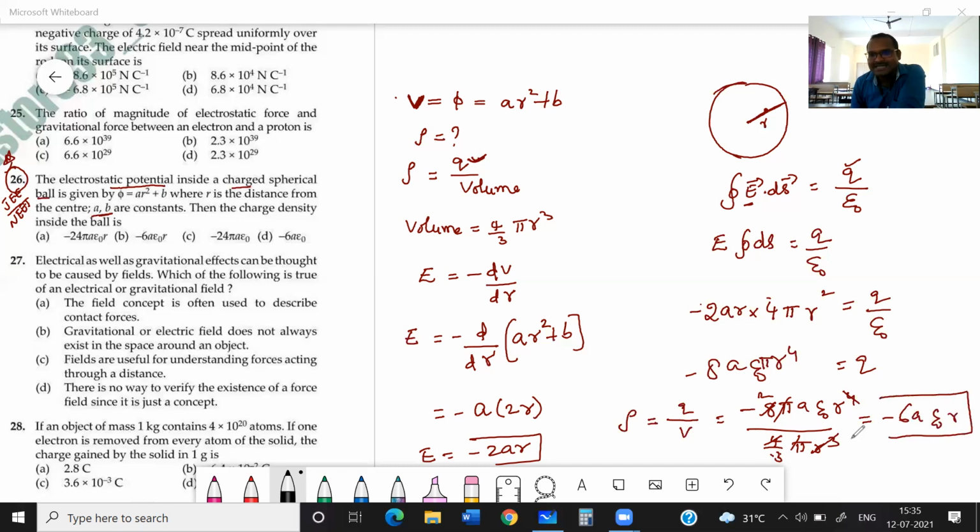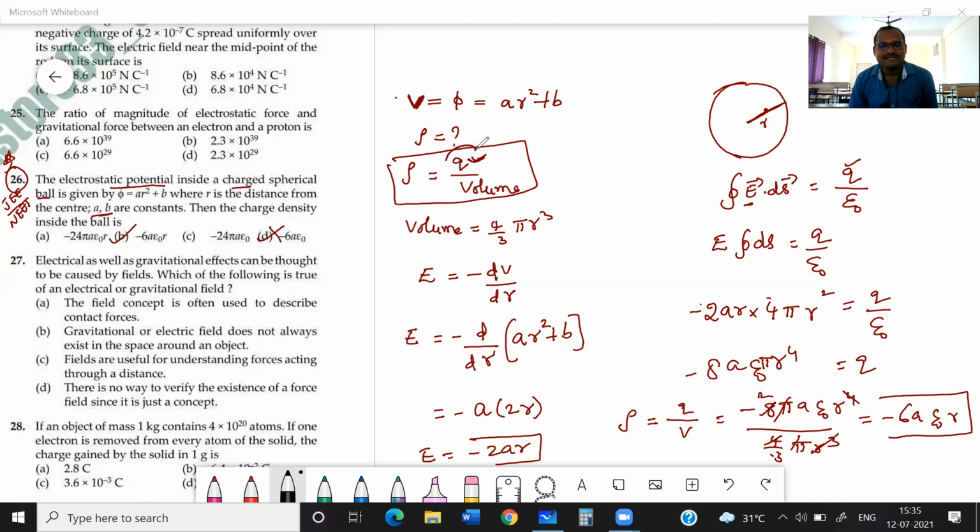The option is minus 6 a epsilon naught r, so option B is the right answer. Clear, students? I hope you understand how we are calculating. First keep in mind what we need to calculate.